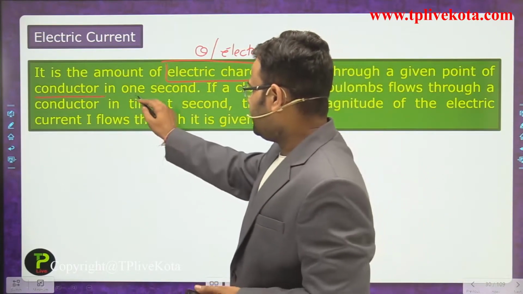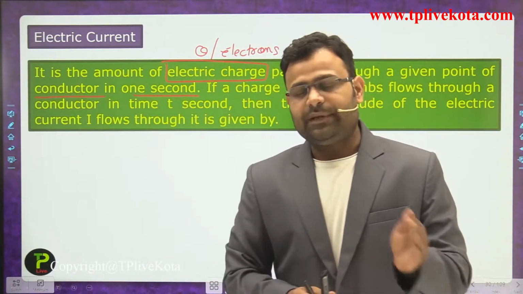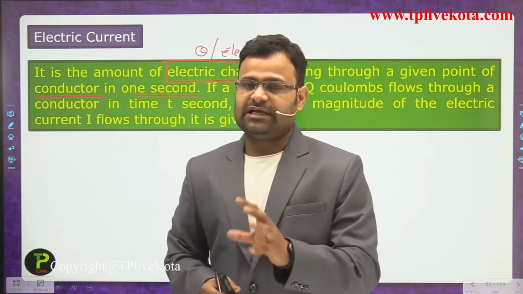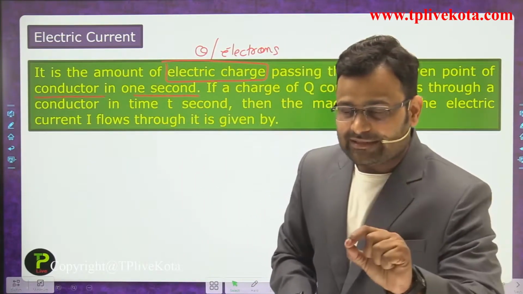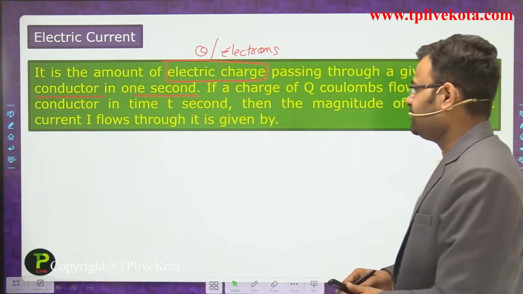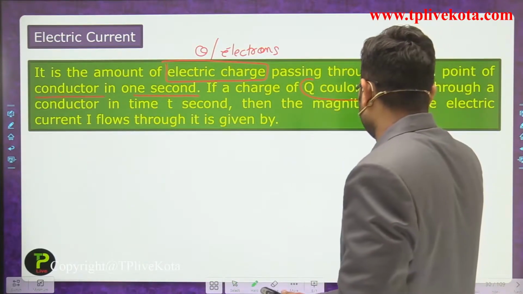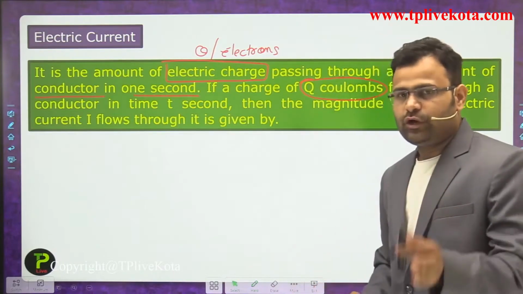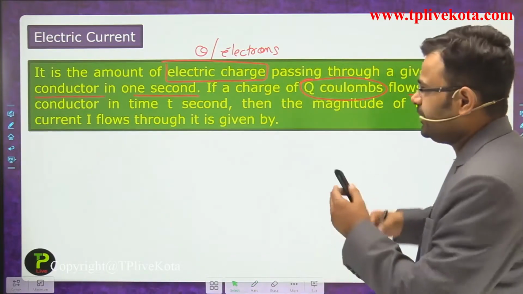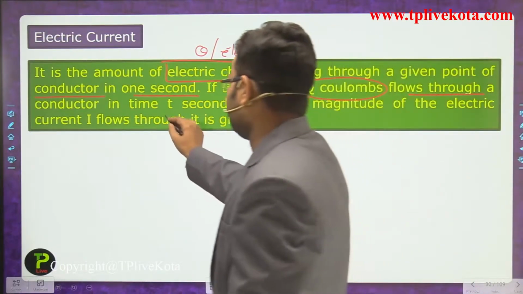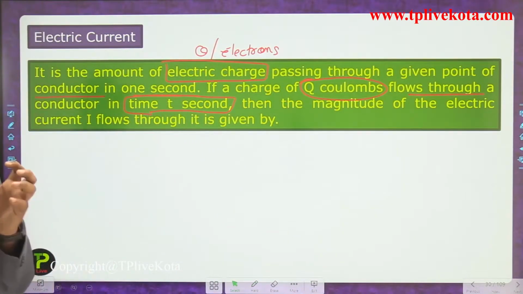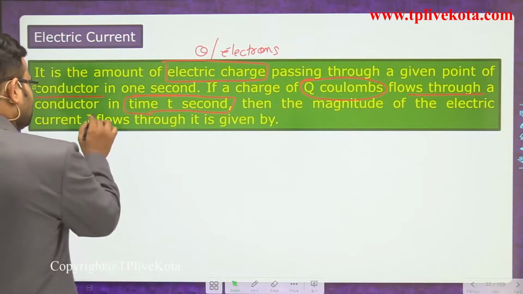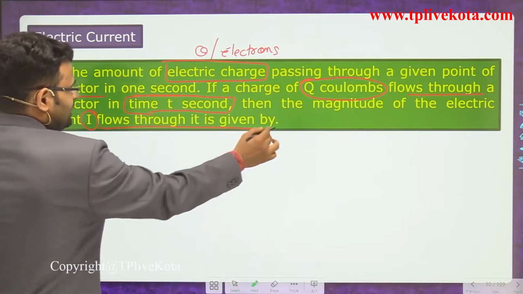In one second, some number of charge carriers flow through that conductor. So in that condition we assume, let's suppose, that a charge of Q coulomb flows through a conductor in a time of t seconds, then the magnitude of the electrical current I flowing through the given wire is what?